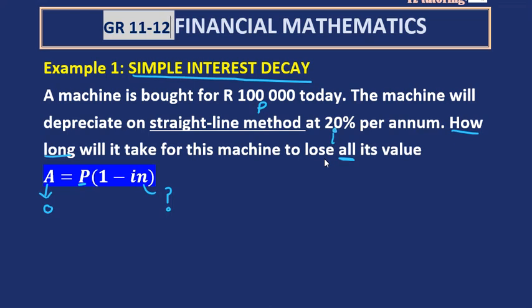So if we just plug all of that information into the formula, A is 0, because remember, we're checking for the time when the value of the machine will be 0.